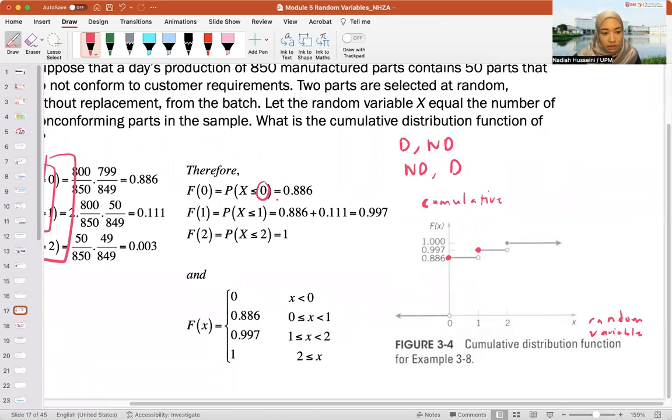Okay, continuing with that. So the cumulative distribution function of 2 is equal to 1. So I'm going to put here 1. Okay, so please observe here, the dots that I put here are blacked out. And this one is hollow. The place where you put the hollow dots is where it has the jump.